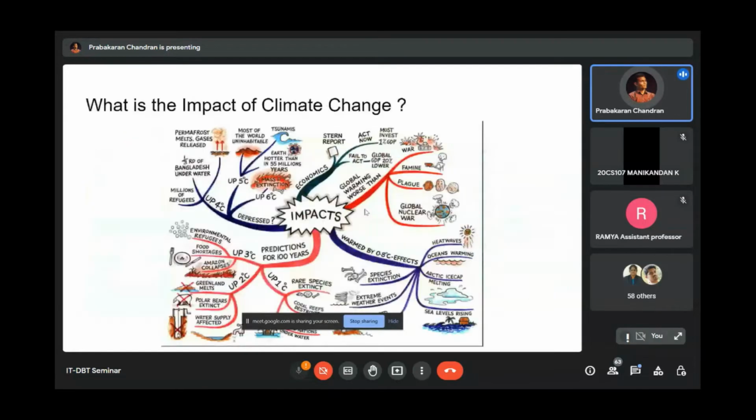So first of all, we need to know what the impact of it is, because if the impact is not significant, we don't need to worry about climate change. But the problem is that the impact of climate change is very complex, and it is actually hitting everyone in the world, right? When we talk about the impact, it comes from the high temperature rise, right? If the temperature rises by 1 degree Celsius, it may not impact human beings on land.